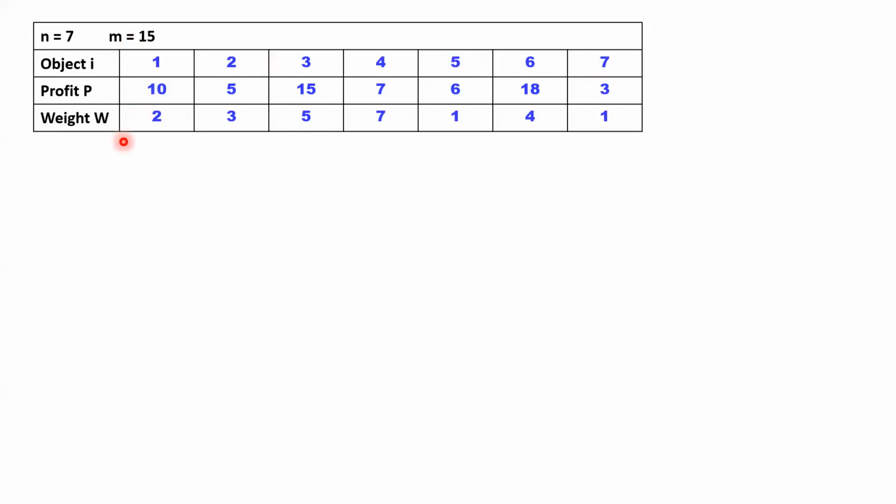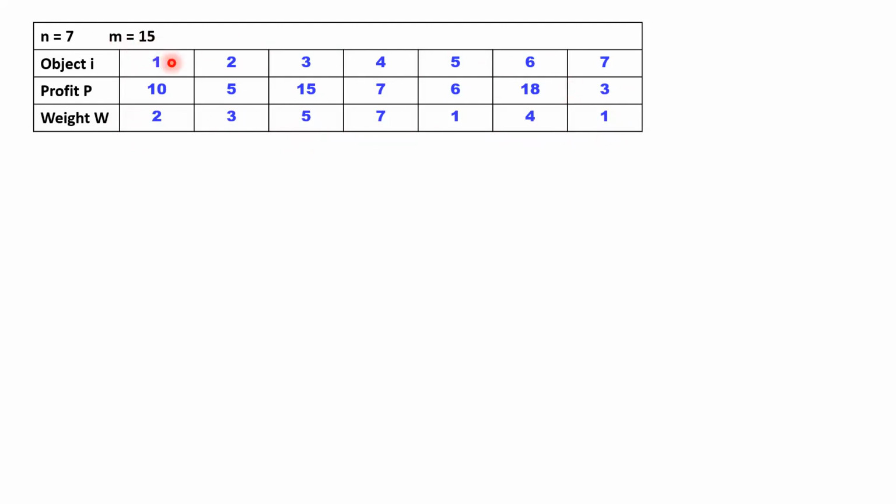This is the weight of each item. Assume that it's kgs, maybe. The weight of object 1 is 2 kilos. The weight of object 2 is 3 kilos. The weight of object 3 is 5 kilos, and so on up to the 7th object.